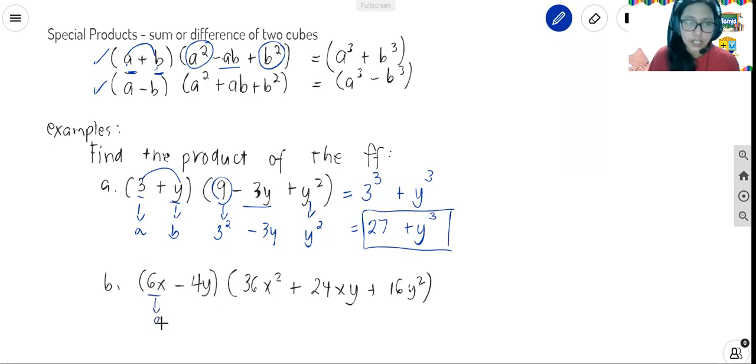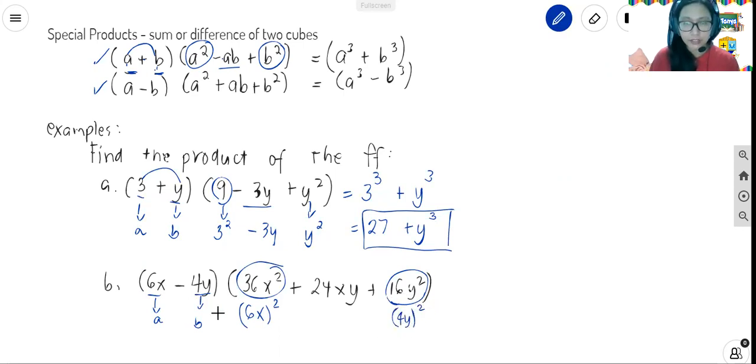So this is our A, this is our B. If you look at the first term of the trinomial, 36 is actually 6 squared, and then x is x. So this is the same as this one. So 6x squared is 36x squared. Look also at the last term of the binomial, which is 4y, and then the last term of the trinomial. We can express 16y squared as 4y squared.